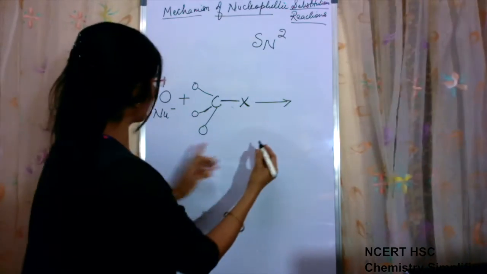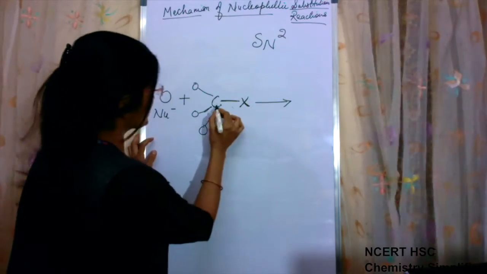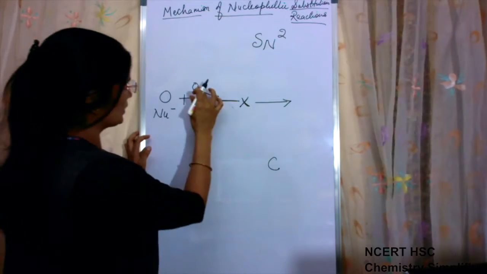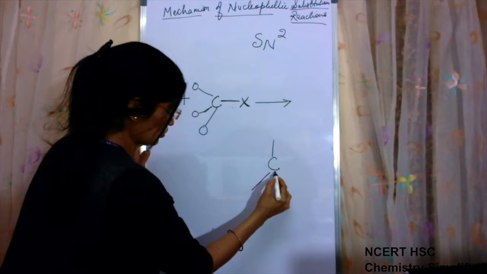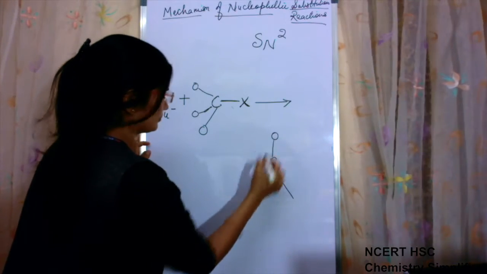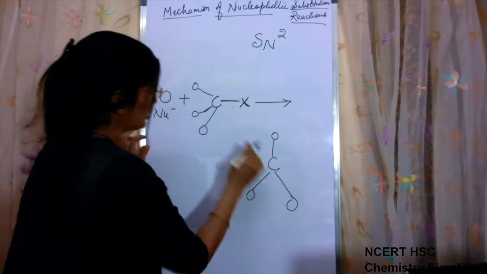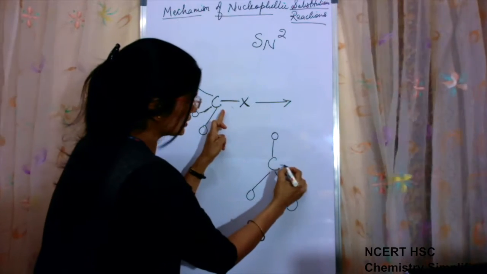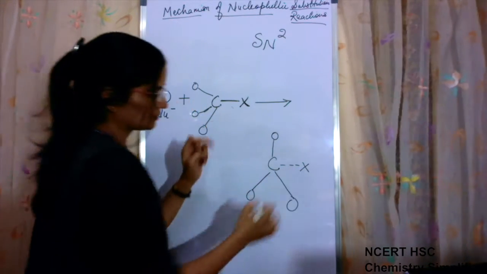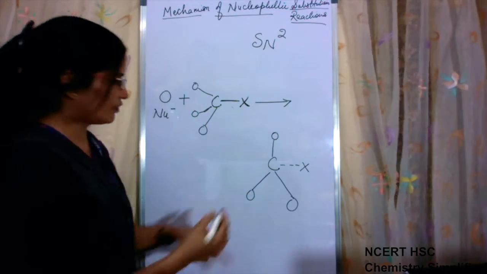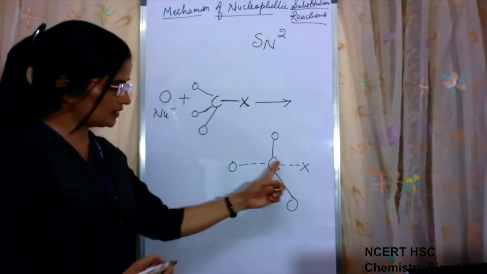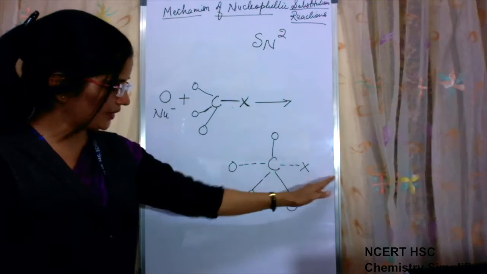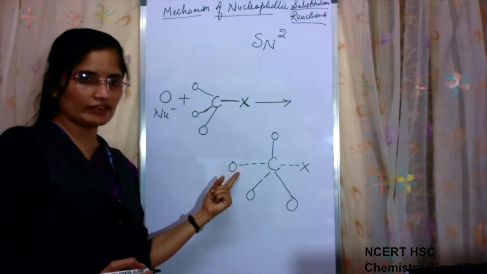In the next step, what is going to happen? This carbon here, these three bonds are going to change their position: 1, 2, 3. This bond becomes weak and this bond starts forming. It means neither this bond is completely separated nor this bond is completely formed.